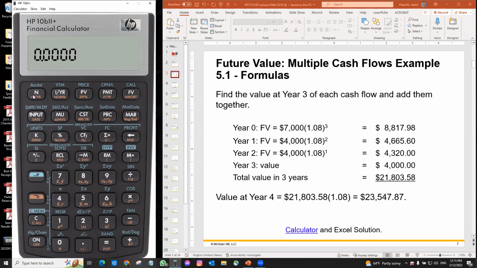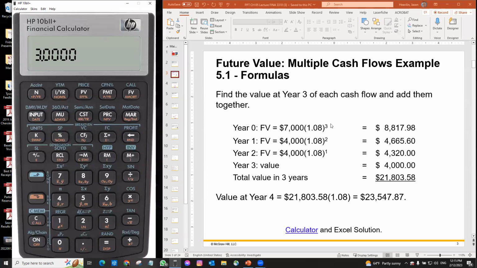So we're going to use the time value money functions available to us at the top of the calculator. And we will start with N. N is 3 years. And since it's once a year, 3 times 1, I can put 3 N. Those are the periods.